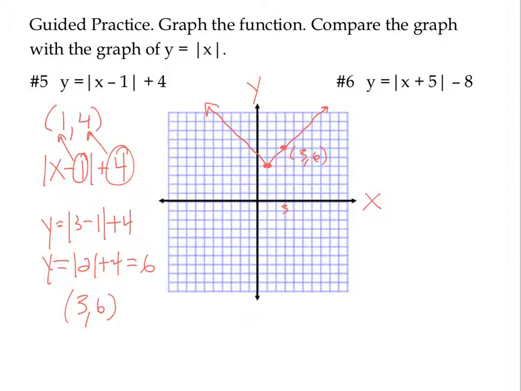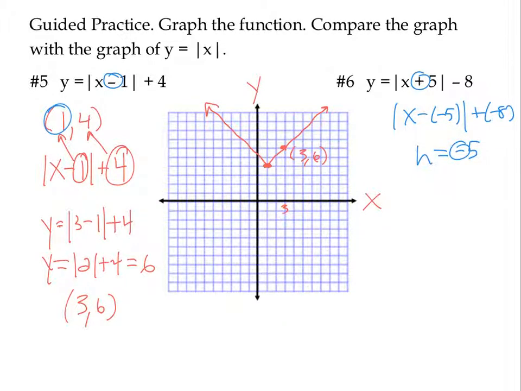All right? If we look at number 6 here, okay, keep in mind, right, this is x minus negative 5 plus negative 8. Right? Our h value is negative 5, the opposite of the sign we see here. It's x plus 5, our h value is negative 5. Over here we saw x minus 1, our h value is a positive 1.